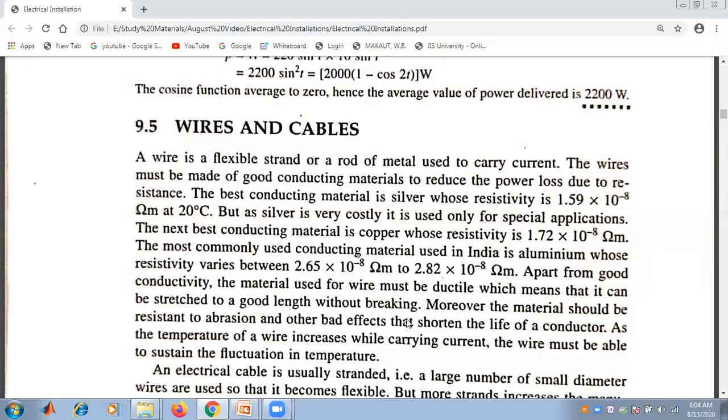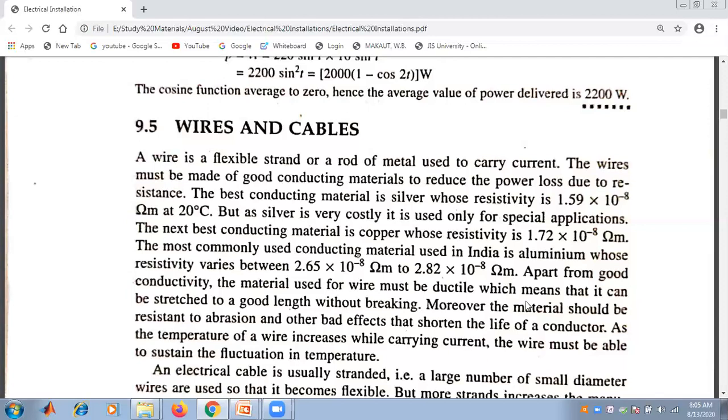The next best conducting material is copper, whose resistivity is 1.72 into 10 to the power minus 8 ohm meter. The most commonly used conducting material in India is aluminium, whose resistivity varies between 2.65 into 10 to the power minus 8 ohm meter to 2.82 into 10 to the power minus 8 ohm meter.